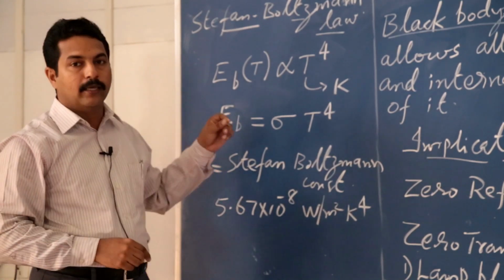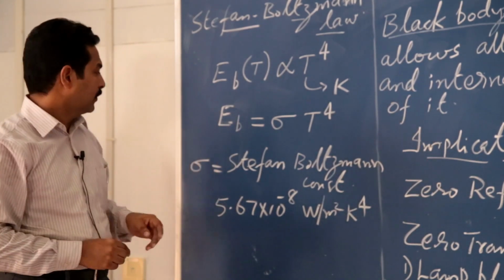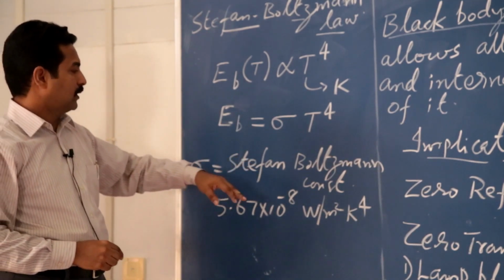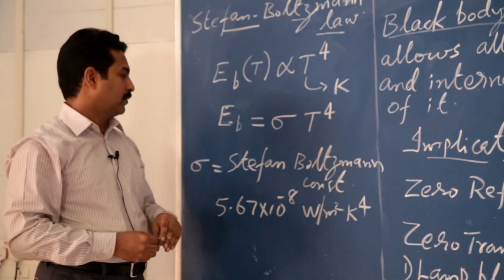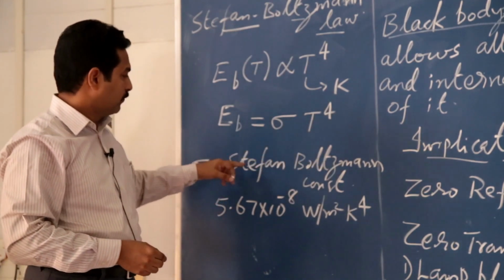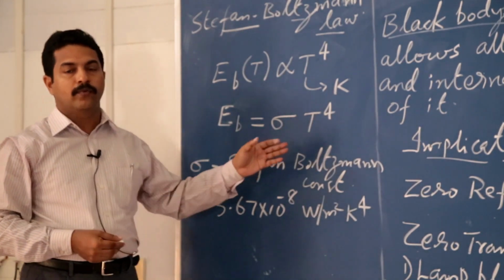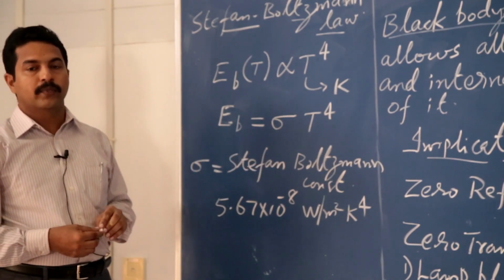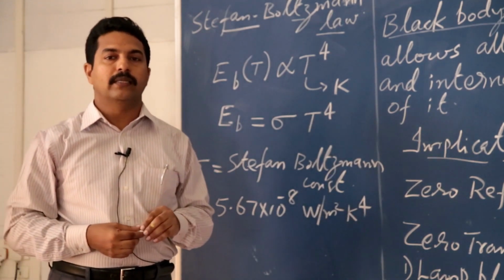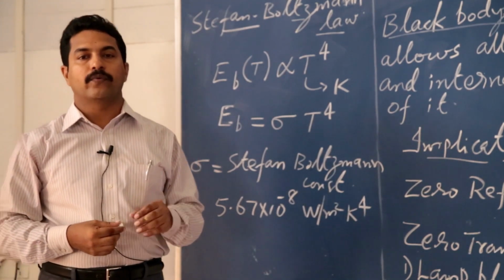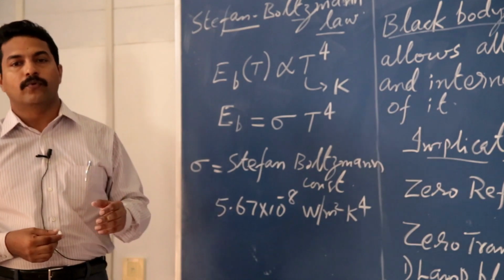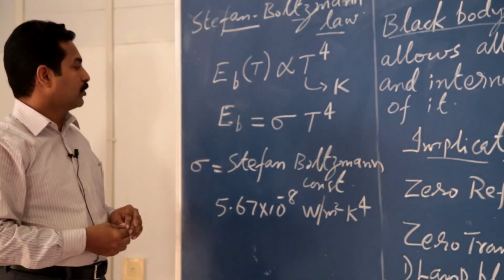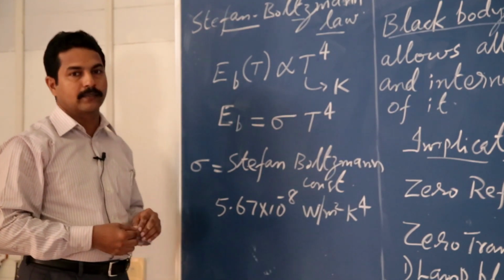It will give the emissive power of a black body. Stefan was a Slovenian physicist, and Boltzmann is an Austrian physicist. And Stefan was the research guide of Boltzmann. So this is the formulation of the Stefan-Boltzmann law. That is the basic law. In conduction we have Fourier law of heat conduction. In convection, Newton's law of cooling, and in radiative heat transfer, we have the Stefan-Boltzmann law of thermal radiation.